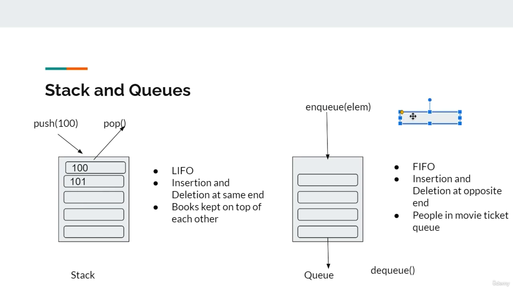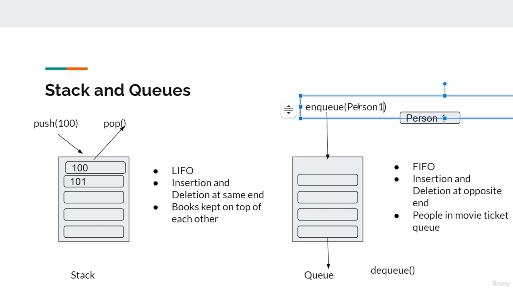For example, if I want to enqueue, let's say, person 1 to our queue, then I will call the enqueue and pass person 1 to our enqueue function.